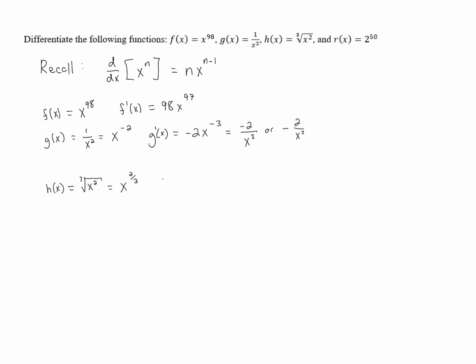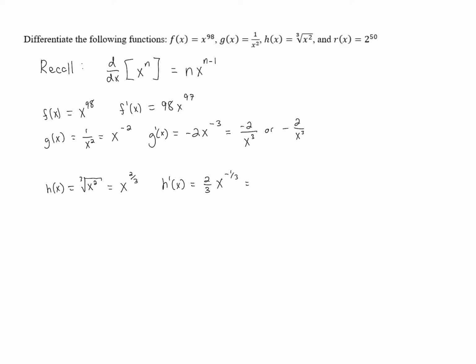Now we can use the power rule to differentiate because we've got x to a power. Remember, the power rule tells us to take the exponent and bring it out front. So this will be 2/3 times x to a power. And remember, we have to subtract 1 from the original exponent. 2/3 minus 1 is negative 1/3. So this becomes 2/3 x to the negative 1/3 power.